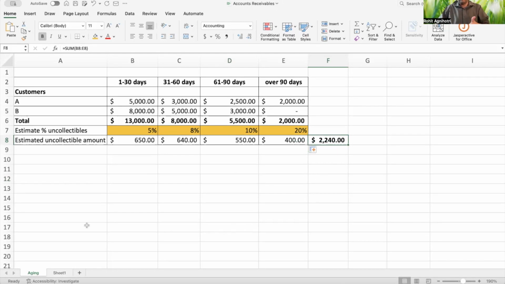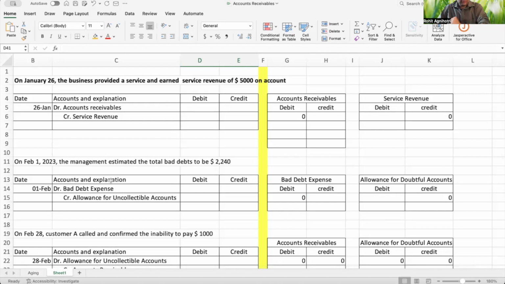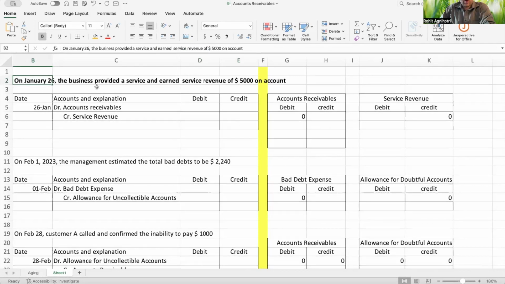Now what we will do is an example, loosely based on this one, and we'll talk about how we make those accounting entries. Let's do some transactions here. For example, on January 26th, your business provided service to a customer, and you earned $5,000 on account.